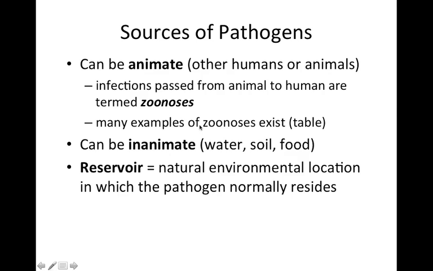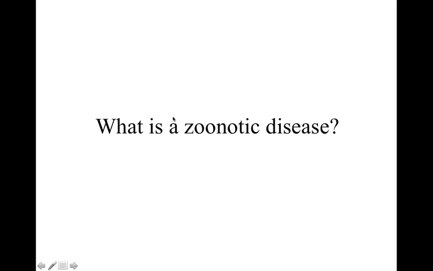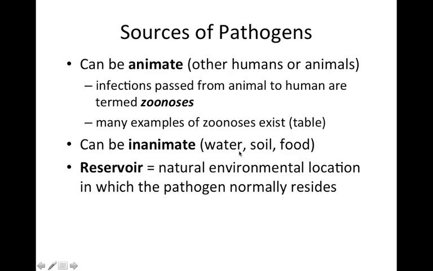One example is the hantavirus, which is passed through mouse deer droppings to humans. So sources of pathogens can be from other living things, and it's a zoonosis or a zoonotic disease if it's from an animal.